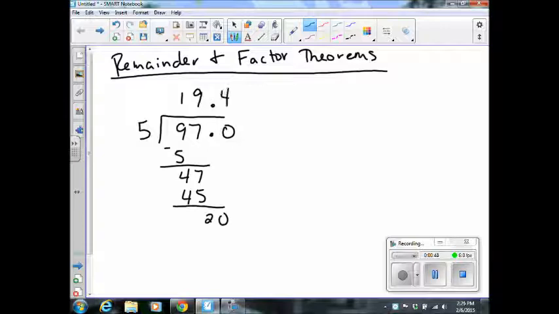Technically our answer is 19.4, yes, but let's say that I didn't have the decimal option. I have a remainder here of 2.